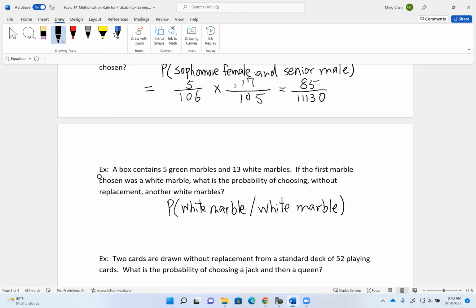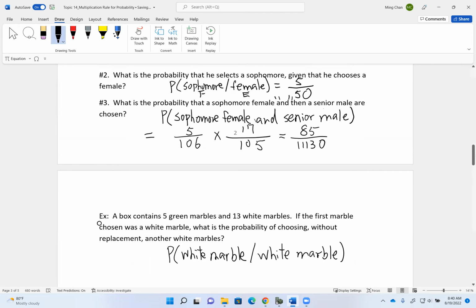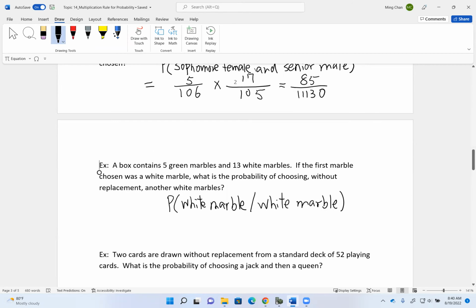I hope that makes sense. The question is not like the earlier one, the sophomore female and then a senior male. It's only asking the probability of selecting the second white marble, given that the first one is already a white marble. So let's think about this.